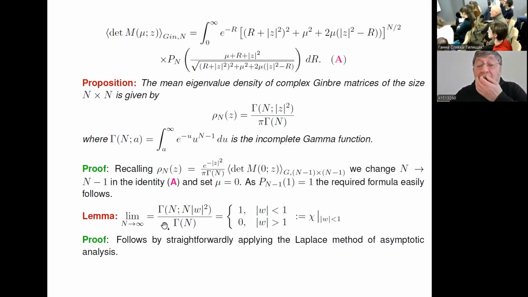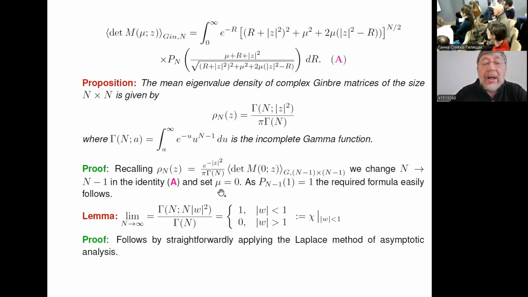Okay, now let us study what happens when n tends to infinity. You may remember the discussion in the first lecture that the eventual limiting support of the eigenvalue density for the Ginibre ensemble for large n is a disk of radius square root of n. So it makes sense to scale that variable as w times square root of n.